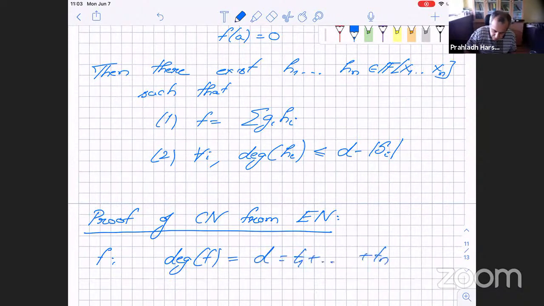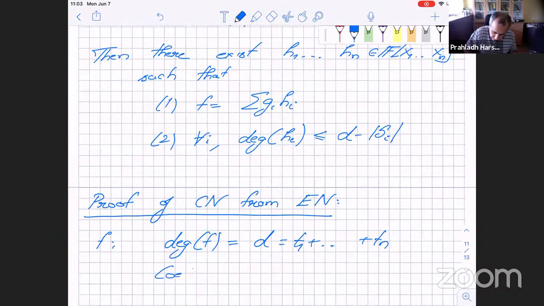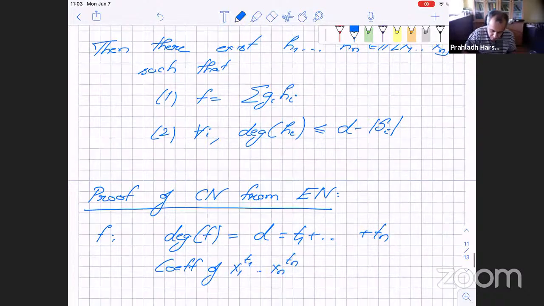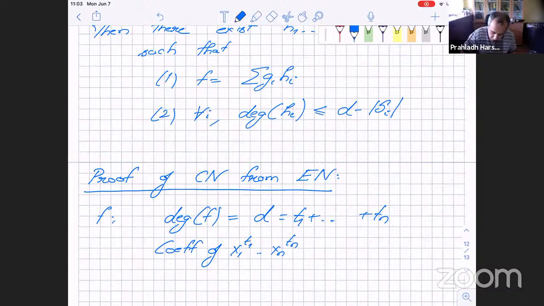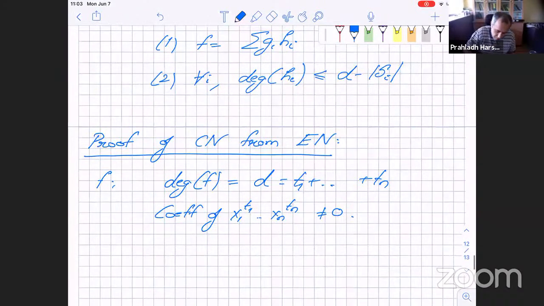Let's recall, we are told that the coefficient of x1 to the power t1, xn to the power tn is not equal to 0. And we are given Si, so that the size of Si is ti plus 1.